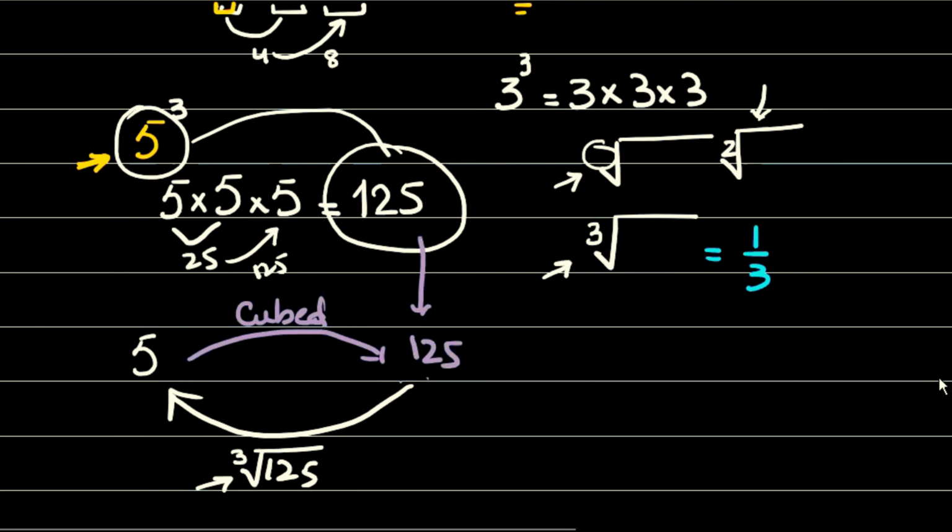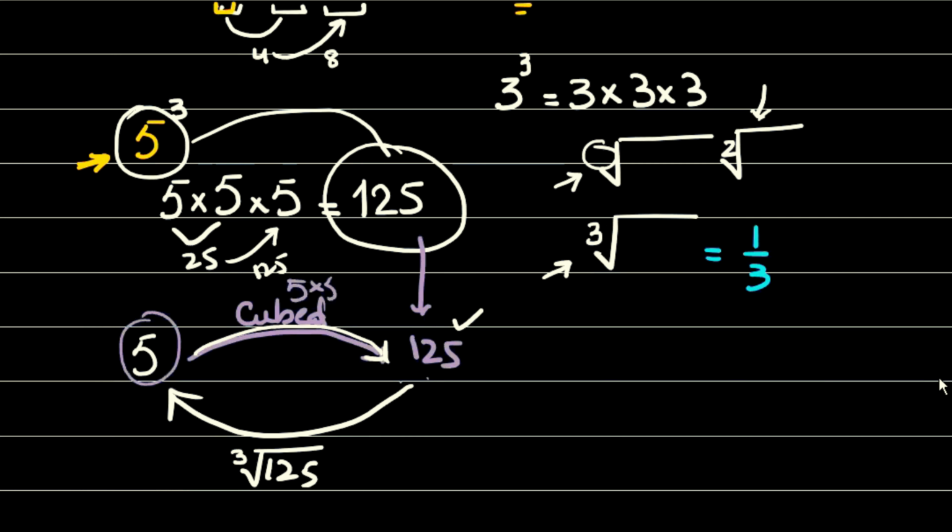Coming back to the relationship of 5 and 125. If I want to find the cube of 5, 5 cubed is 125, because we multiply this 5 three times, 5 times 5 times 5.